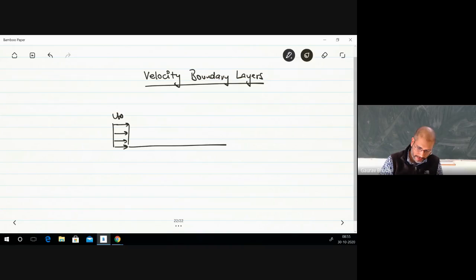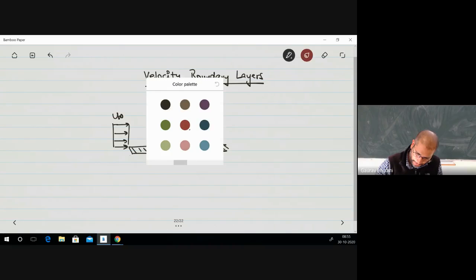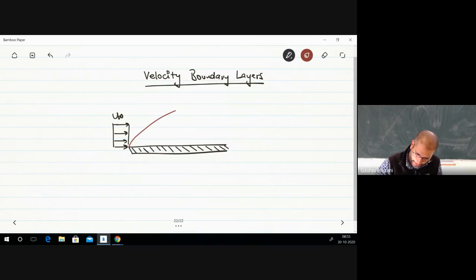So we have a free stream velocity u infinity, and then in the path of this, we put a flat plate where we have a leading edge here, and then you see that a boundary layer develops.